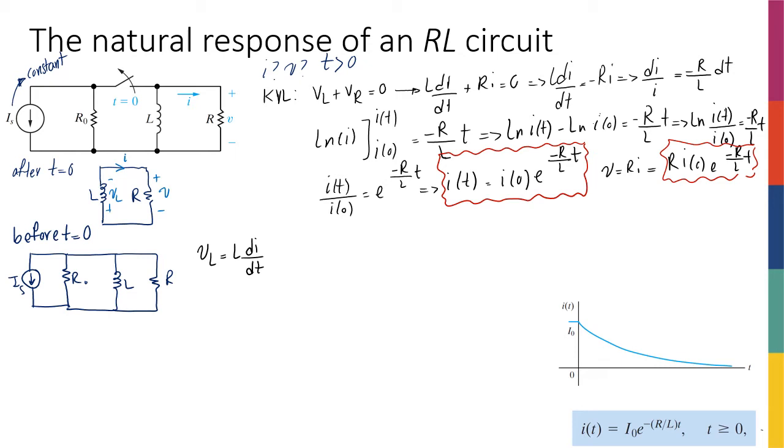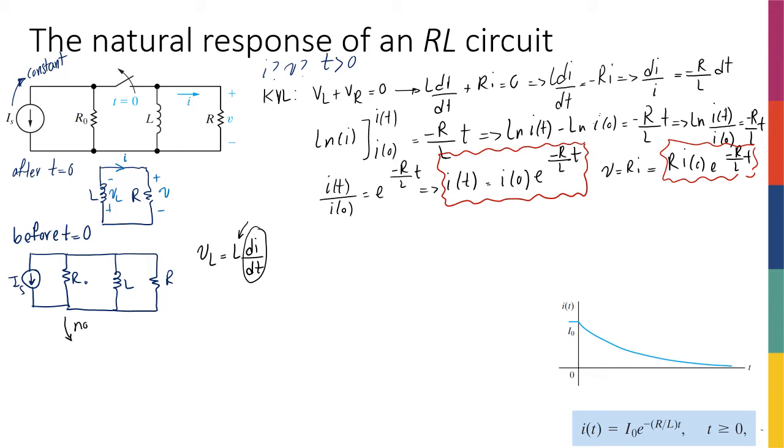So the voltage across my inductor is definitely 0, because di over dt, which represents the rate of change in the current, is basically 0, right? It doesn't matter what the value of the inductance is, my VL is going to be 0.